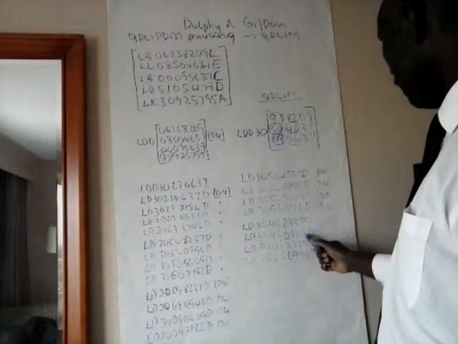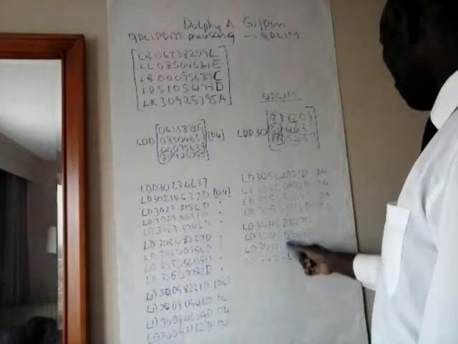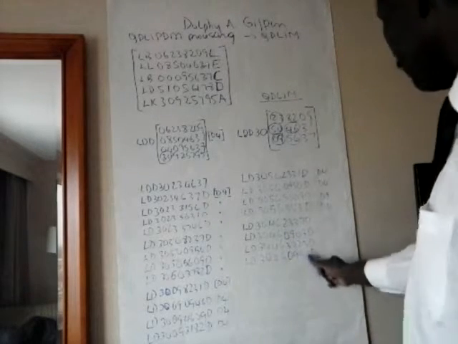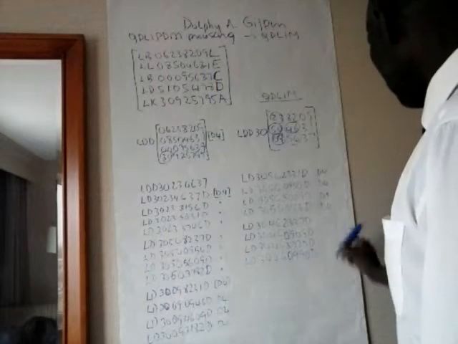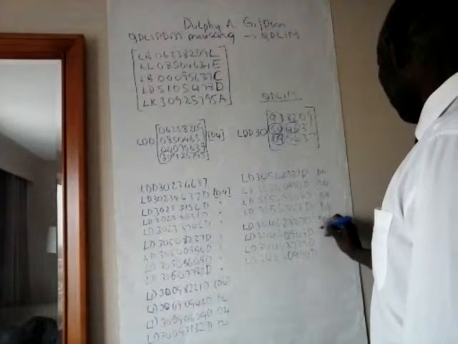This one, if we do it there, we'll notice that this will become redundant. So we have 0990D. All these will be D4.